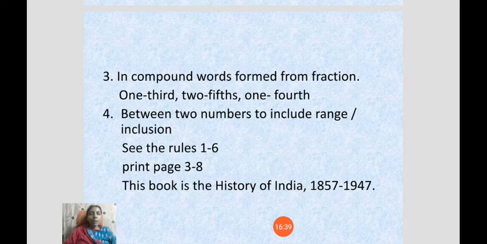Then how many pages are to be printed? All, or print pages. If we want some pages, then we put 3-6, 3-2, 3-4 this way. So it shows the range. Here is another example: this book is the history of India.